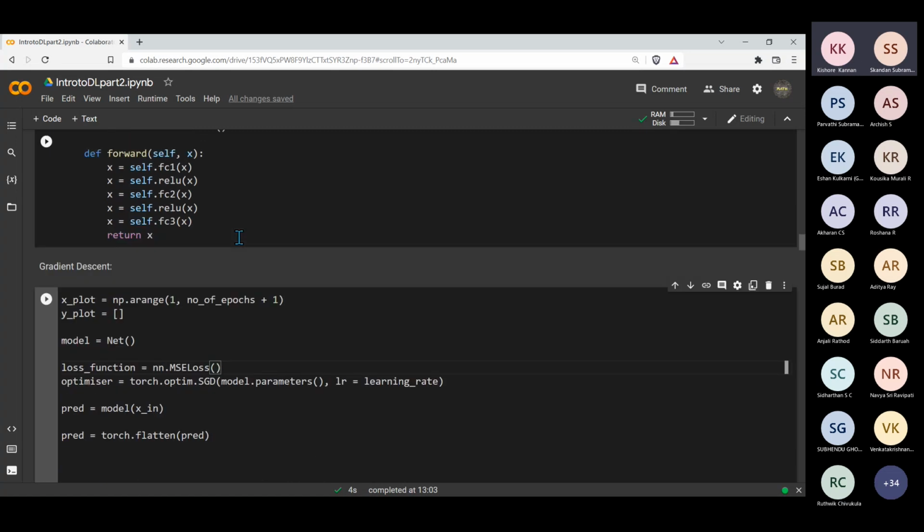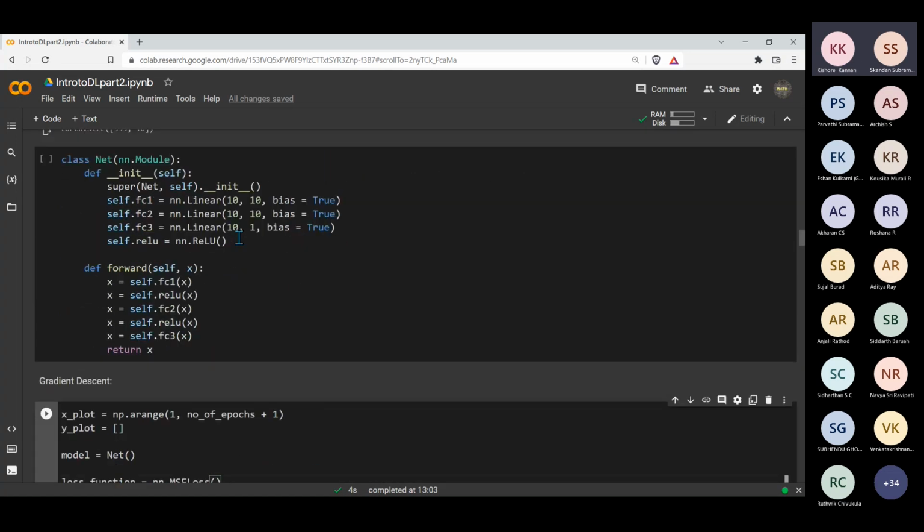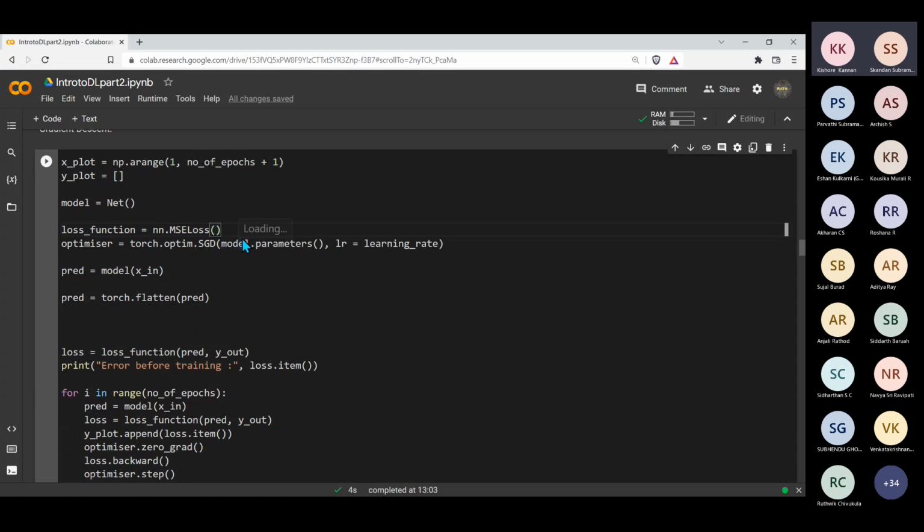Why? Because this is a regression problem, like I said. Then we need to define the optimizer, and we are going to use the torch.optim function to define it. In this case, we are using SGD.